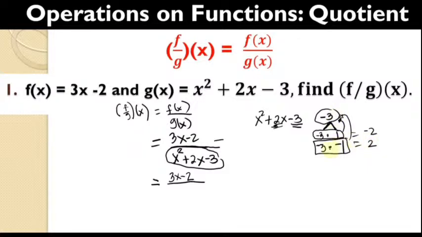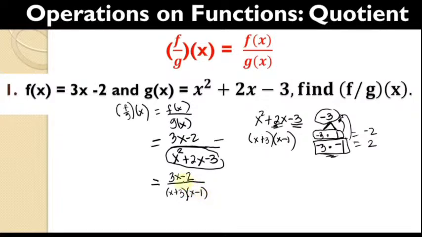So ano yung factor natin? So that is positive 3 and negative 1. So that is x plus 3 times x minus 1. Okay, so that is x plus 3 over x times x minus 1.